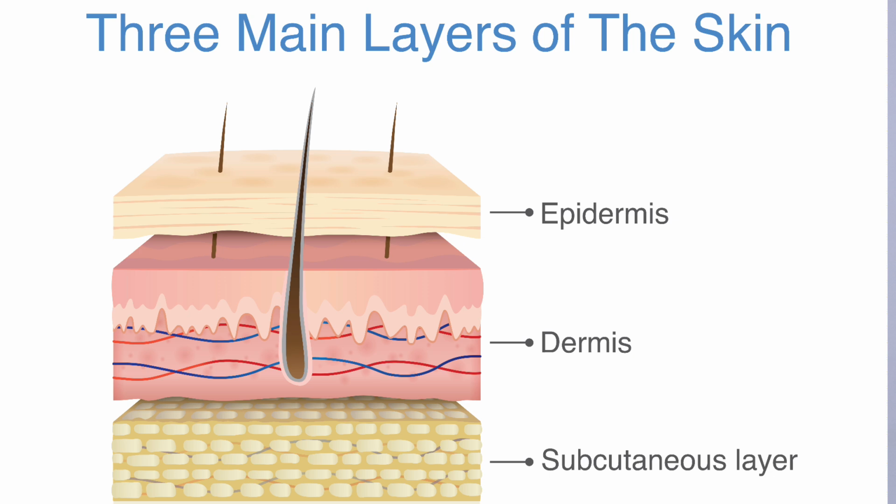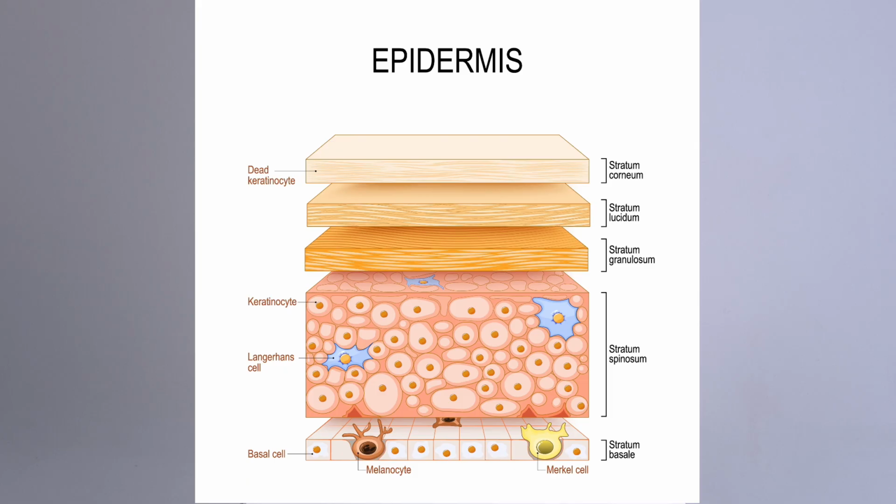The upper layer is the epidermis. Then you can see the dermis, and underneath is the subcutaneous layer, which is also called fat. The epidermis, the upper layer of the skin, is also subdivided into layers: stratum granulosum, stratum spinosum, and stratum basale.